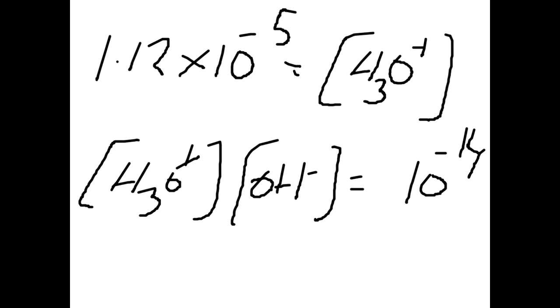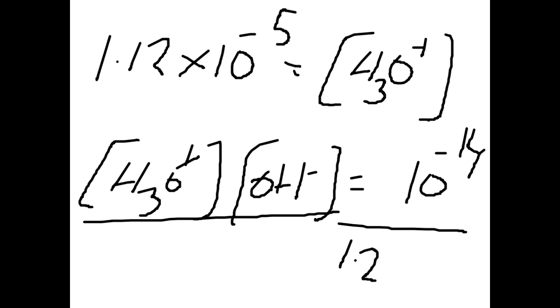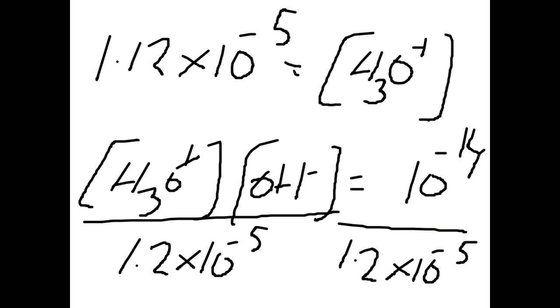So we divide both sides by H3O plus, by 1.12 times 10 to the negative 5. Now you solve for this, and what do you get? Same exact beautiful answer.